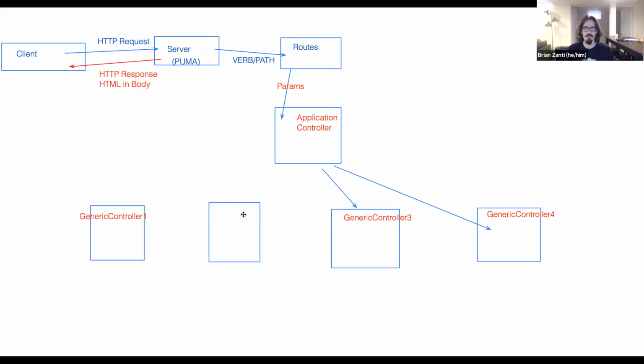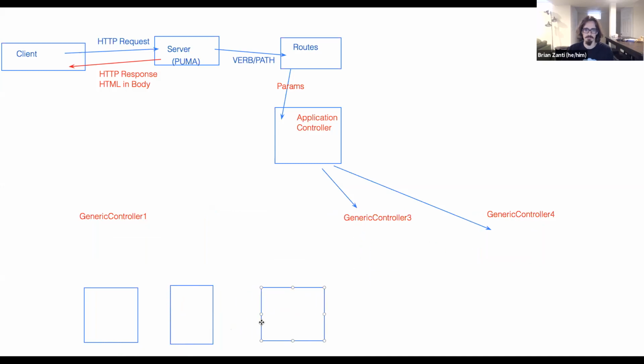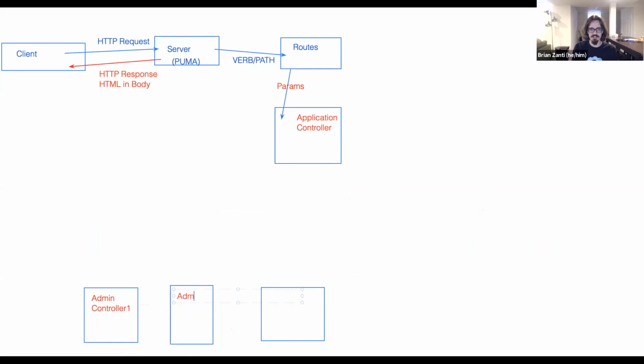Rather than this, I might add another step in this inheritance chain. Let's draw it like this. Let's say that all three of these controllers I've drawn here are some sort of admin controller, so you need to be logged in as an admin in order to use these.